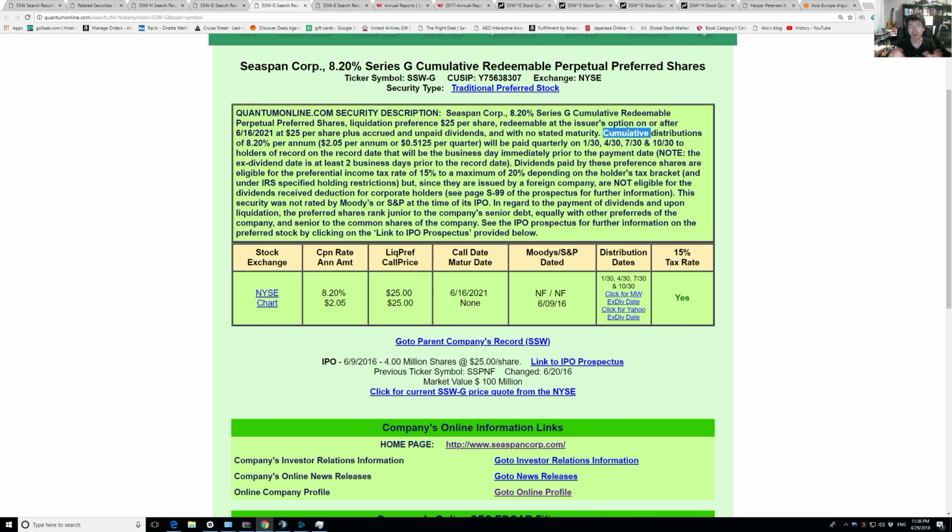Obviously, once that happens, it's usually when the company is almost dead, so the value of your preferred shares will take a huge hit. And cumulative just means that when they reinstate the dividend, they will pay whatever was left unpaid previously.